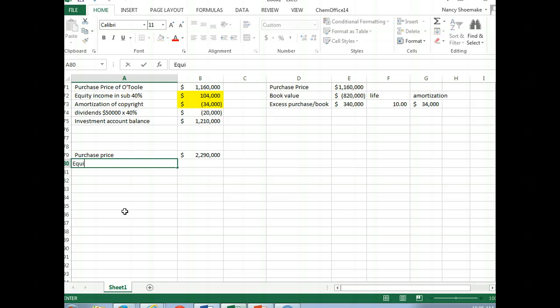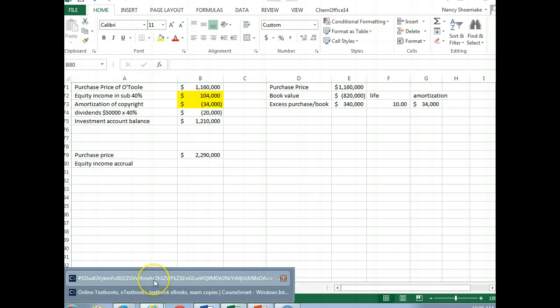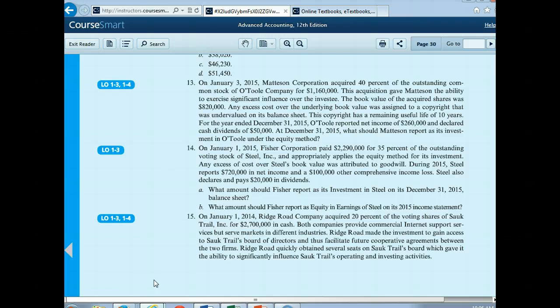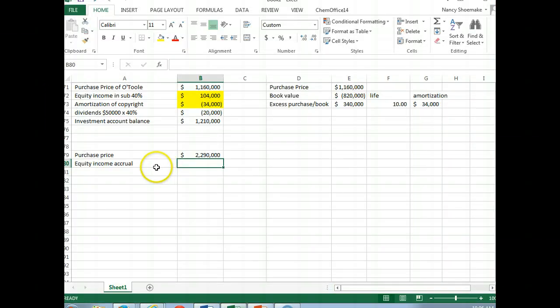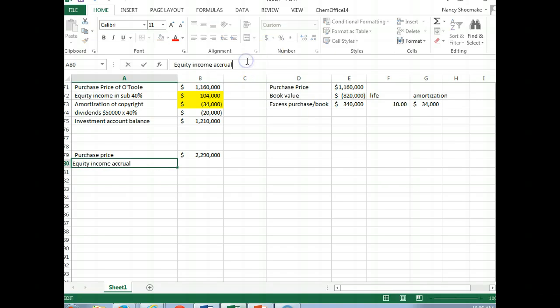The equity for the income accrual was $720,000 times 35%, which is 252,000.